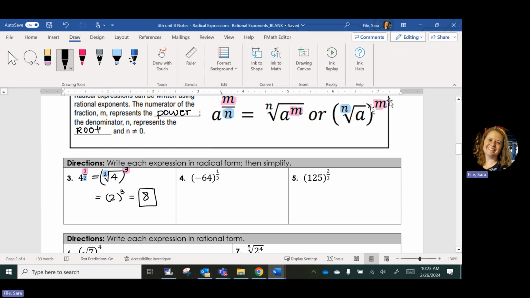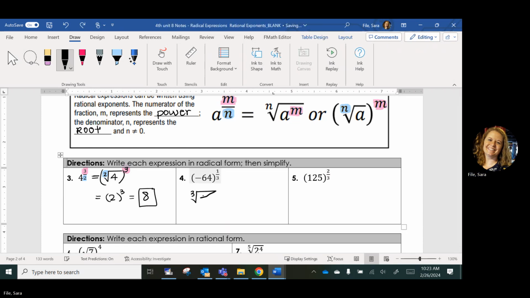Does the power of 1 do anything to the function? So you really don't have to write the power of 1. So whenever your rational exponent has a numerator of 1, it's really just the root of the denominator. So in this case, it's the 3rd root or the cube root.